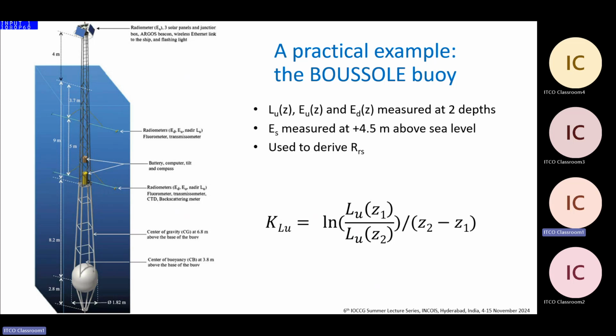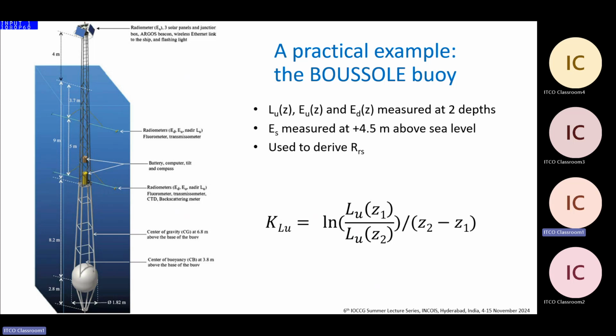And to do this, we take a simple example of a buoy where you have measurements of this LU at just two depths. You don't have the full profile, like when you use a profiling radiometer, but there are quite a number of systems in the sea which are doing this, measuring the LU at two, maybe three depths, and using this to extrapolate to the surface.